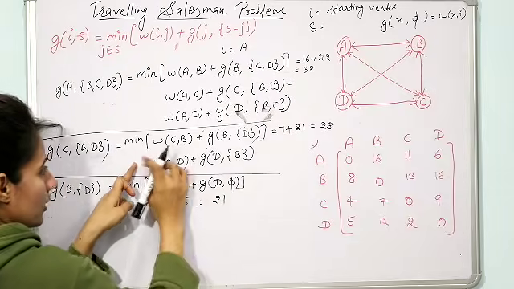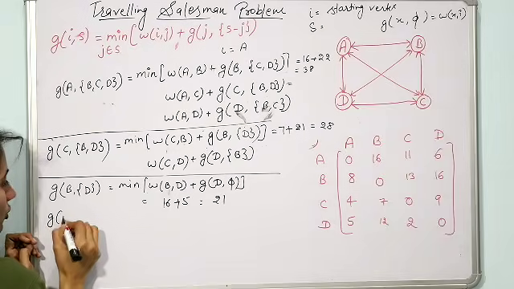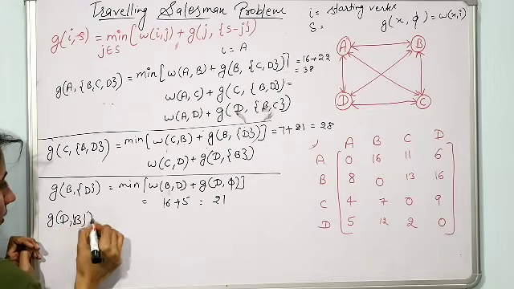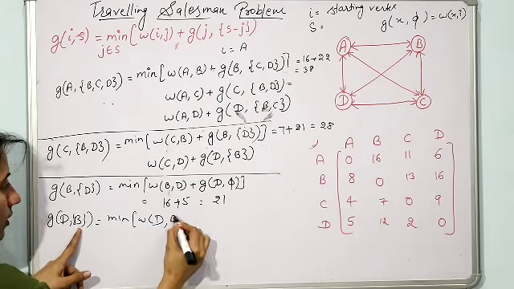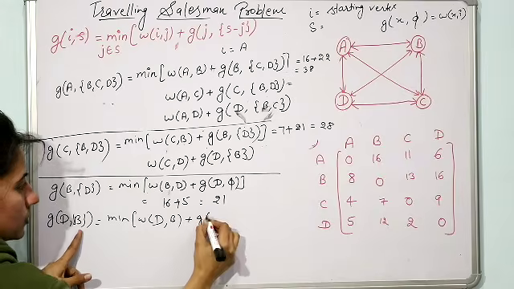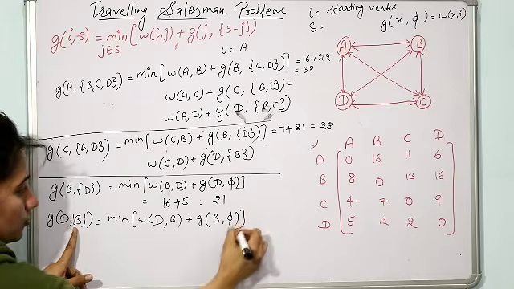Now this one is remaining, we have to select the minimum of these two. For this one, first find the value of G of D and B using that formula, minimum of weight of D comma B plus G. We have selected B, and here the remaining is 5.